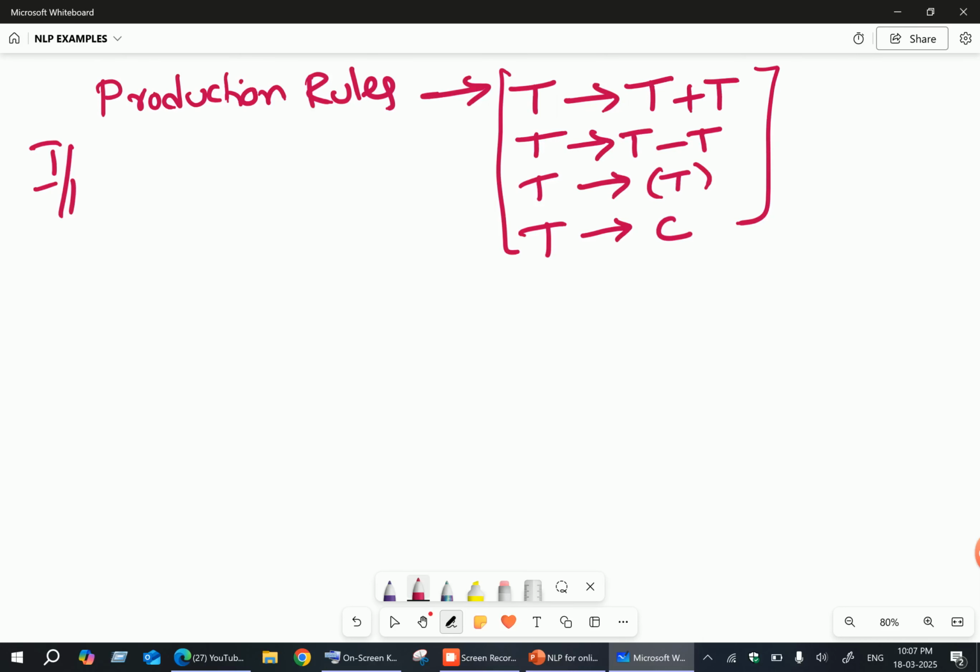And the input sentence they gave is C1 minus C2 plus C3. Here T tends to C, where C is equal to C1 or C2.